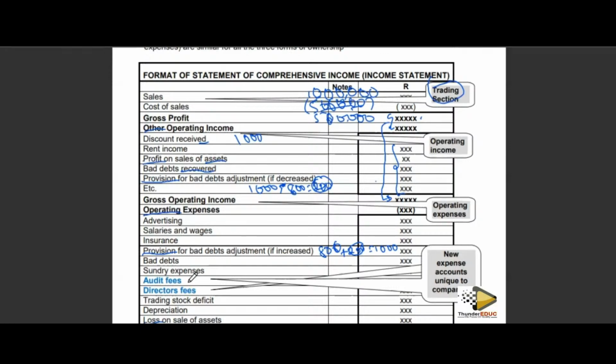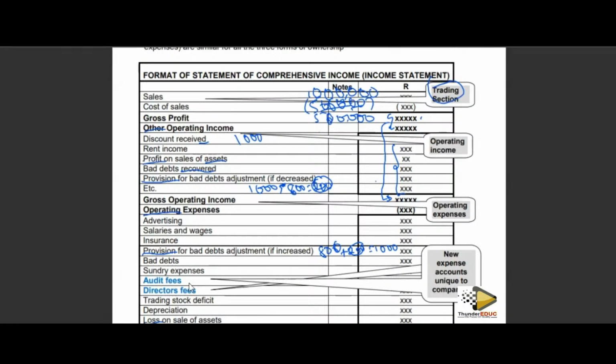If you go to university, you will do auditing there. But even here, we do some questions in auditing, just a few. If the auditor comes, the company must pay for audit fees. So the audit fees which we paid for the year will be recorded under this line, audit fees.